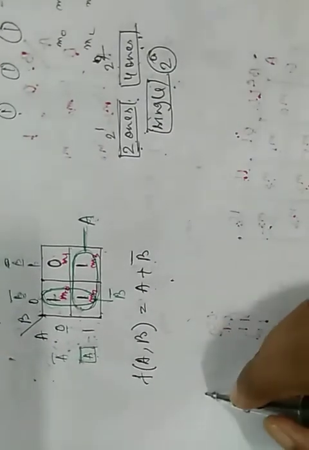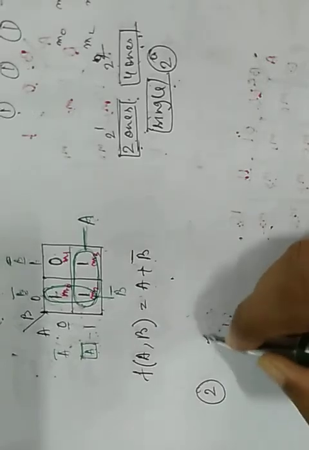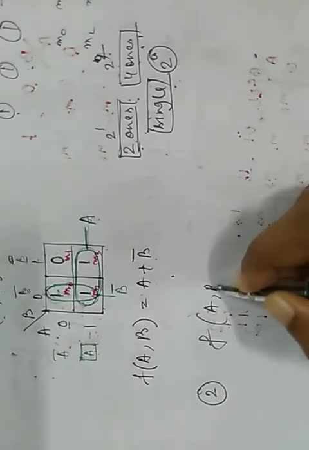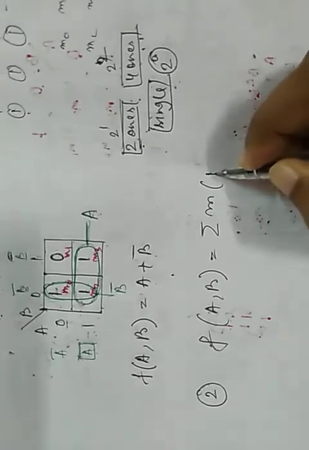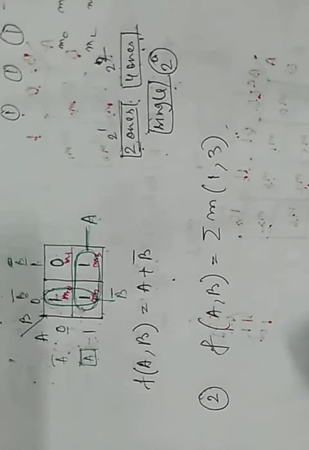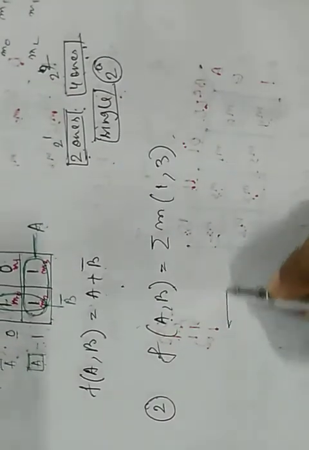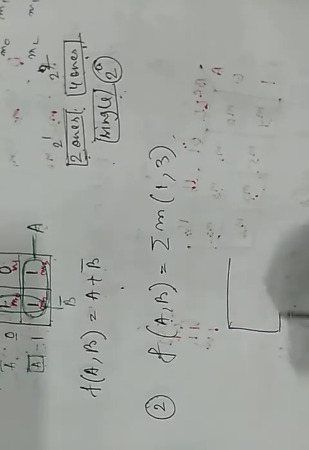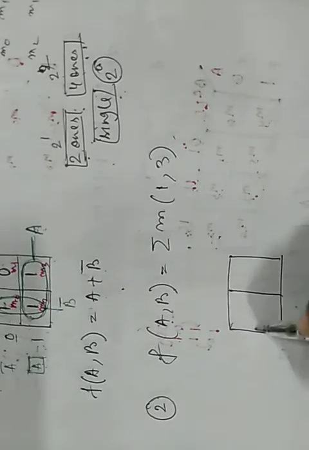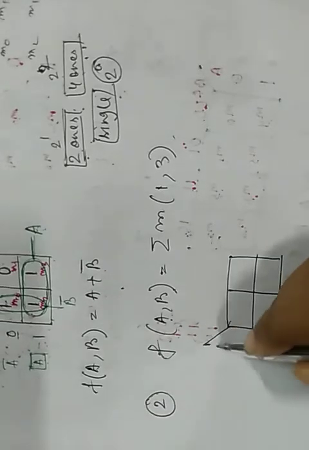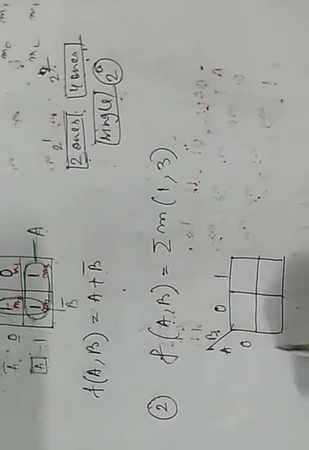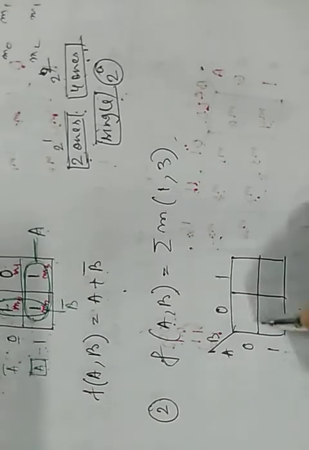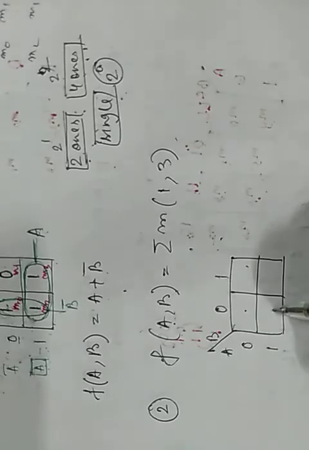Now let us do another example. F(A, B) equals the sum of minterms 1, 3. Obviously, here also there are two variables, so we create 4 combinations. It is A, it is B, 0, 1 and also 0, 1, and we know M0, M1, M2, M3.